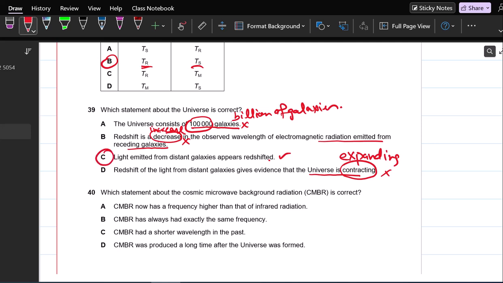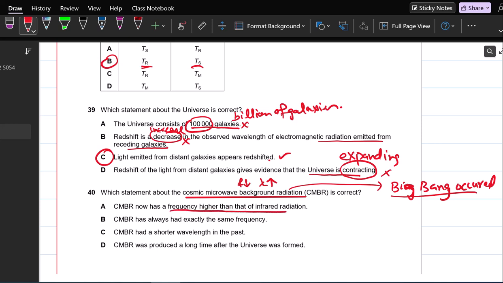Which statement about the cosmic microwave background radiation is correct? So frequency is decreasing and wavelength is increasing, because this radiation came from when the Big Bang occurred, and now its wavelength is increasing. CMBR has a frequency higher than that of infrared radiation.